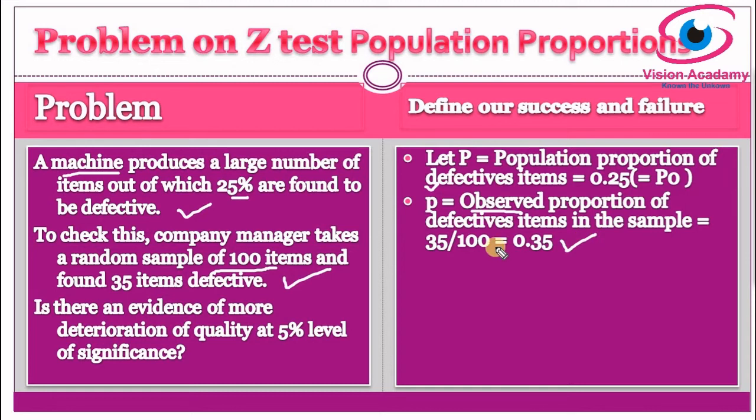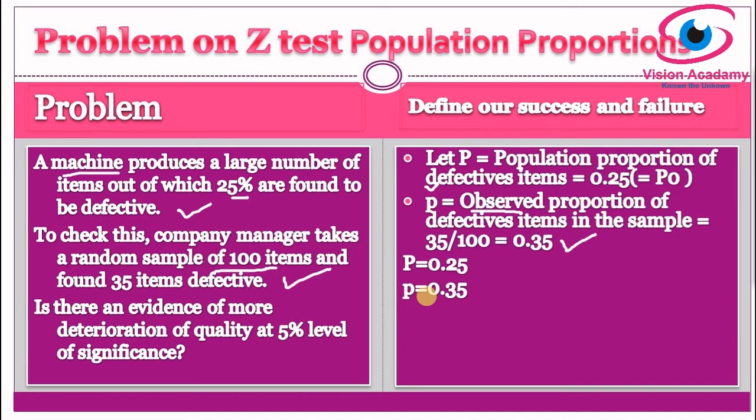So one thing is clear. We found two things: one is population proportion, and one more is sample proportion. Population proportion is 0.25, and sample proportion small p is 0.35.